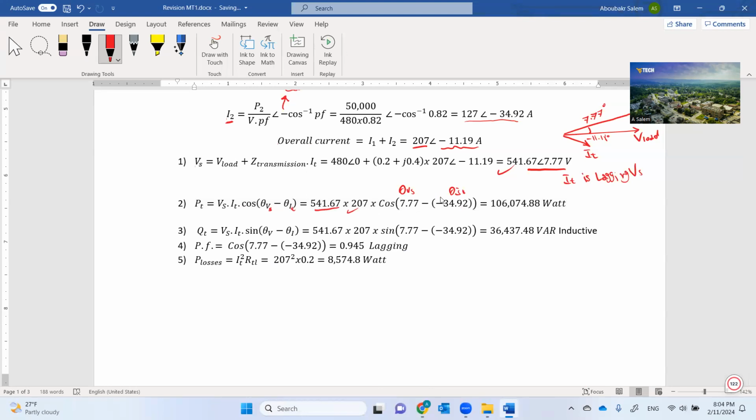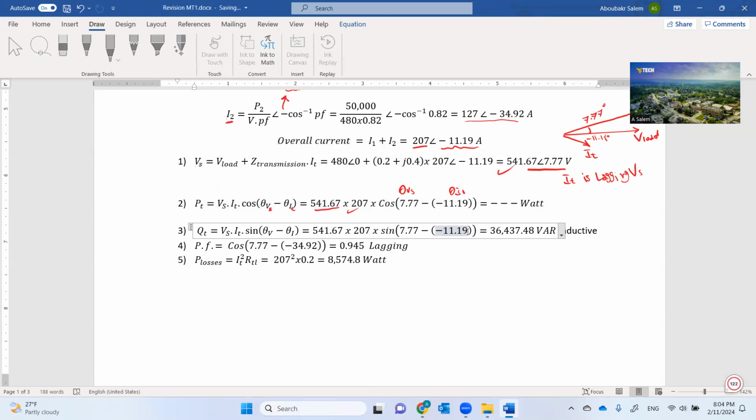Okay, it seems I made a mistake here. This should be the total current angle, which is minus 11.19, not the minus 30 something. Now we can calculate this value again, and here also we need to correct this one, so this is 11.19. Let's calculate this together.